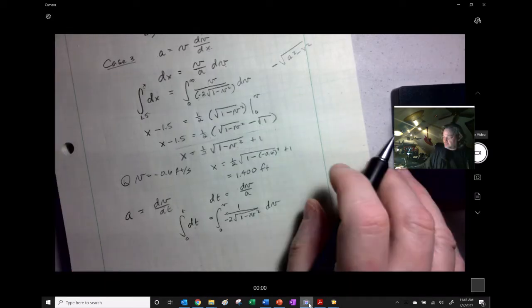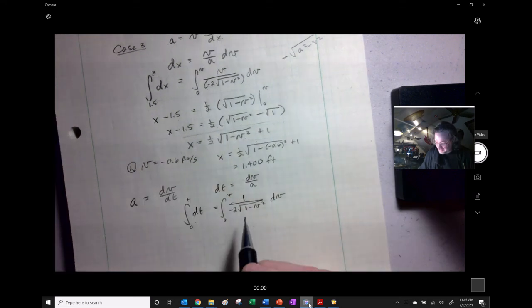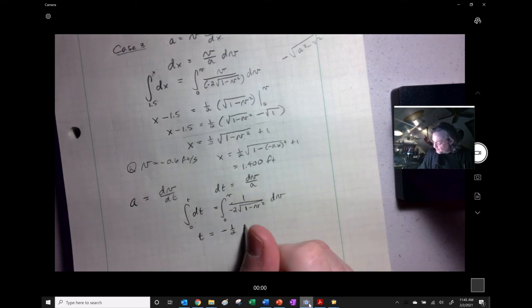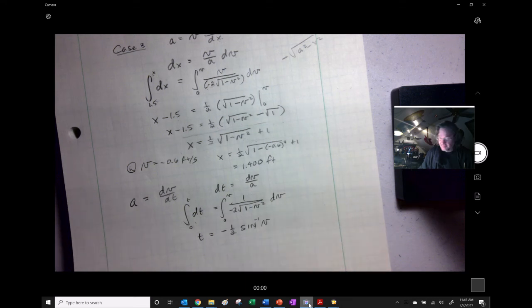So anyway, what we end up finding from this integration is that time is going to be equal to negative 1/2 inverse sine v, and that's even with putting the limits of zero in there.